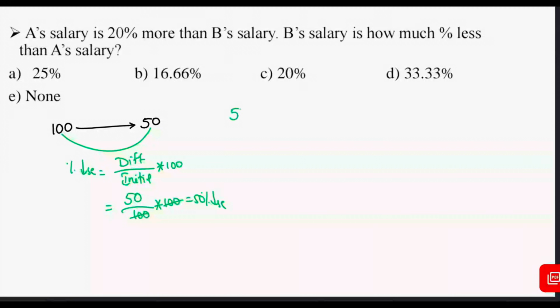To restore the same value, 50 to 100, how much percentage has to be increased? Again difference by initial into 100. Difference equals 50 by 50 into 100 equals 100 percent has to be increased.